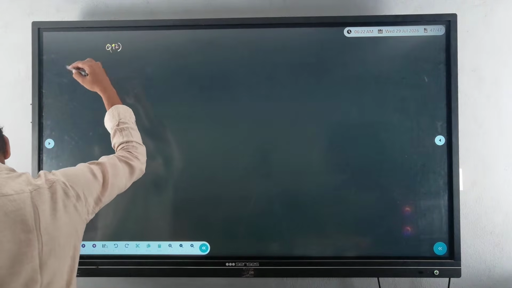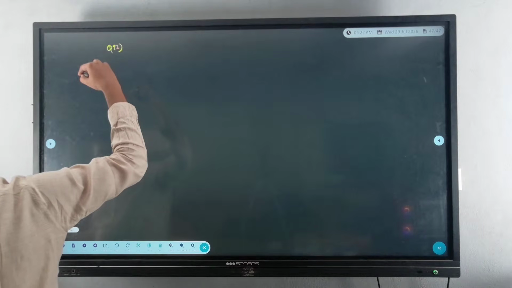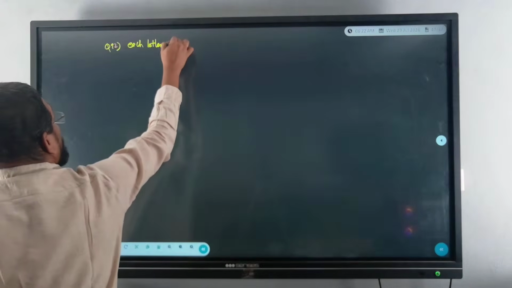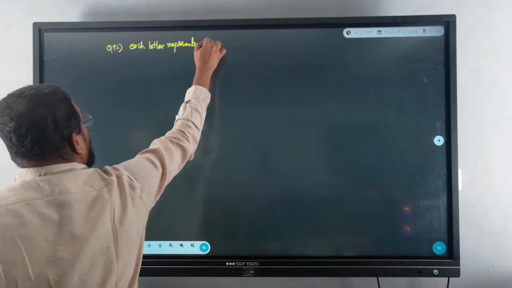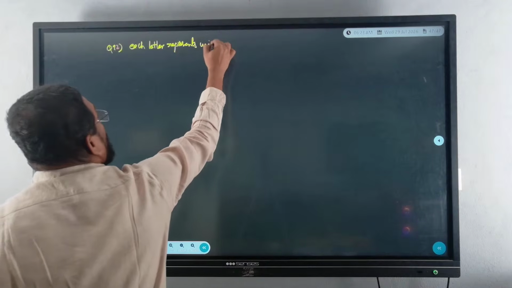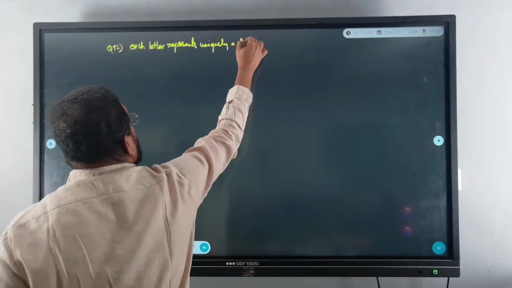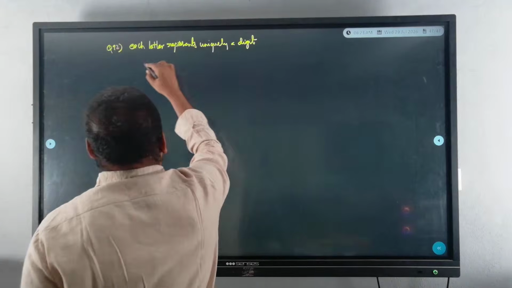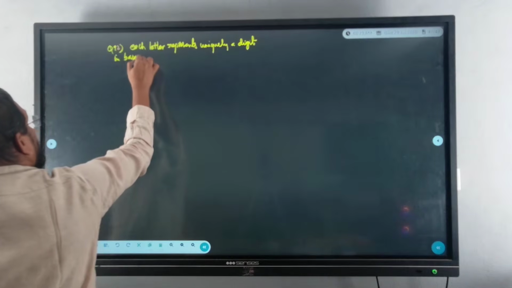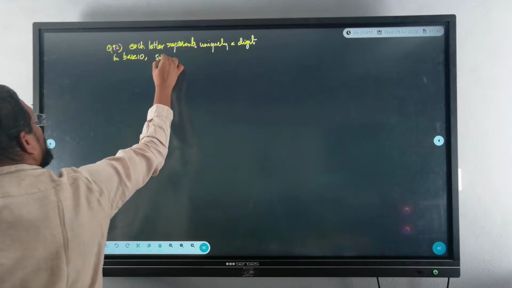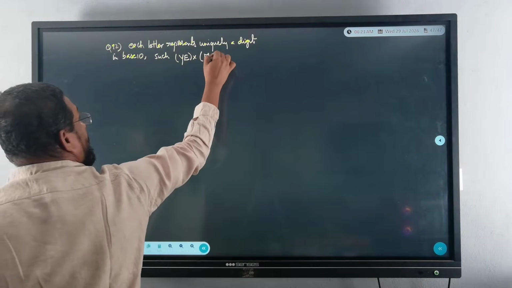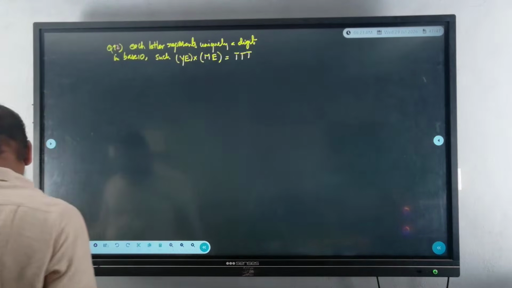Question number 92. In the following equation, each letter represents uniquely a different digit in base 10, such that YE into ME is equal to TTT.